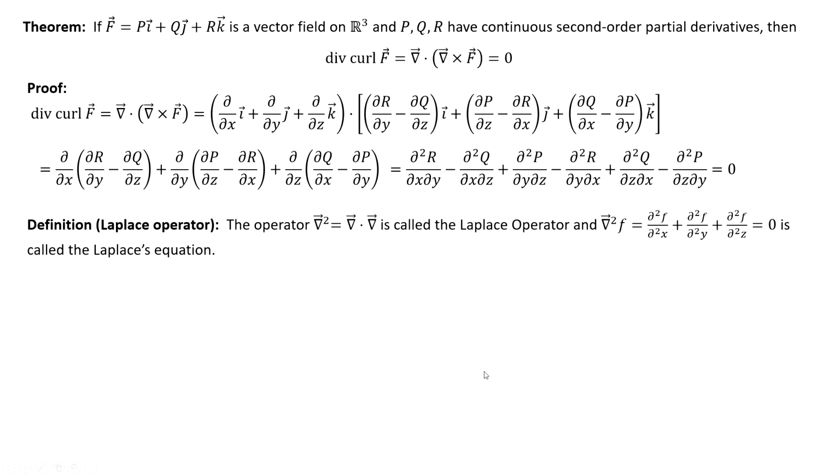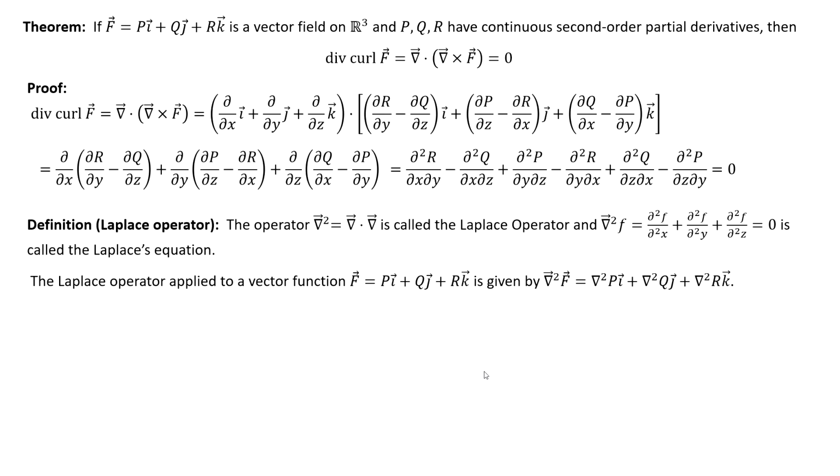All right, so Laplace's equation is this, and the Laplace operator applied to a vector function, del square f. The question is, can we apply del square to a vector function? I thought you said you cannot have a vector next to a vector. Yes, it is true that del is a vector.